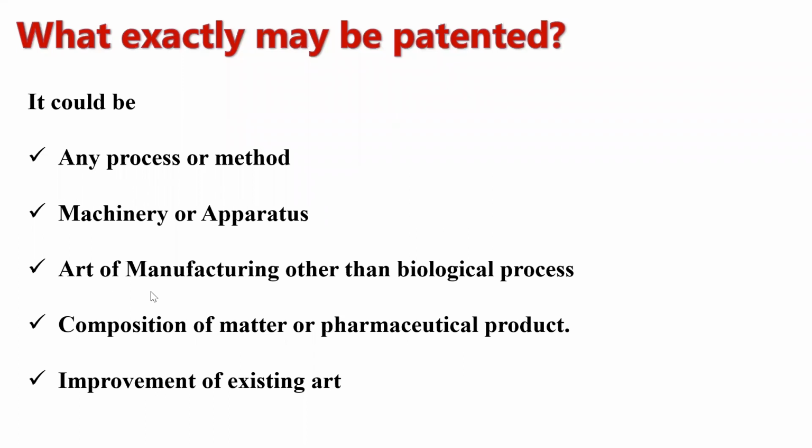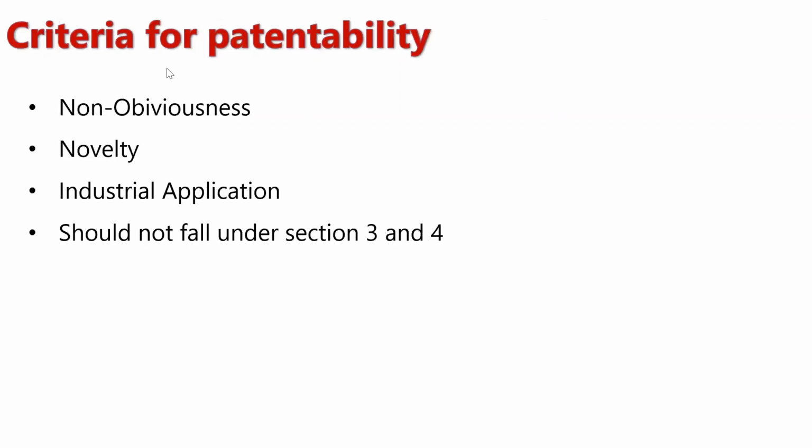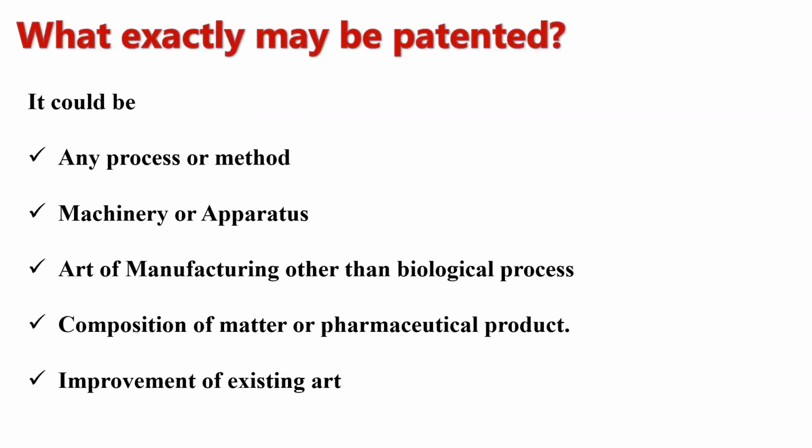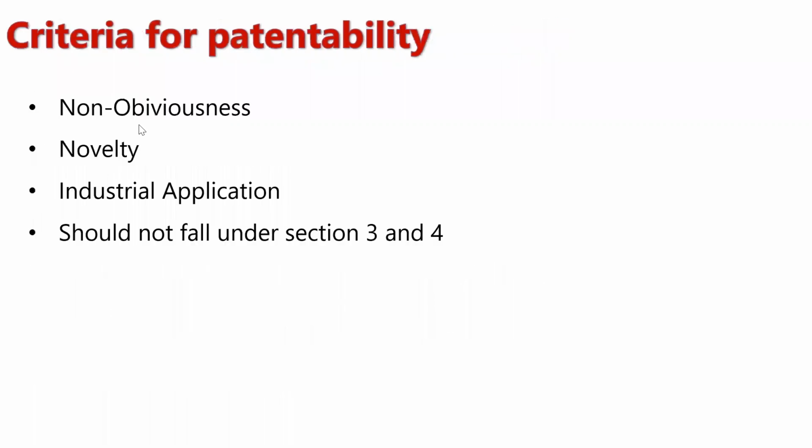But all things should be novel. So what are the criteria? In my view, I'm thinking that it is a process or method, it is machinery. But once we are going to file the patent, we have to meet some criteria. These are the 4 criteria: non-obviousness, novelty, understanding, and it should not fall under section 3 and 4. So what are non-obviousness and novelty?